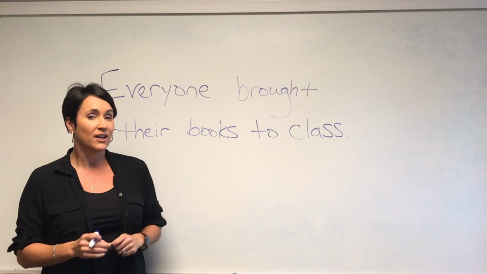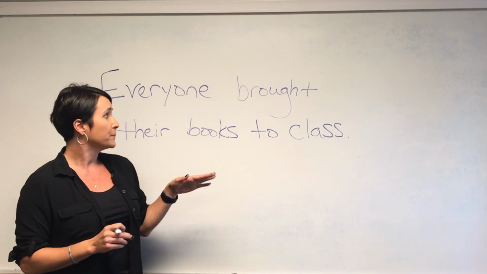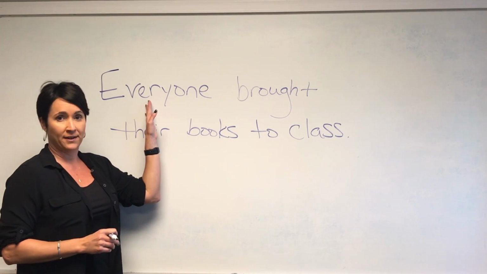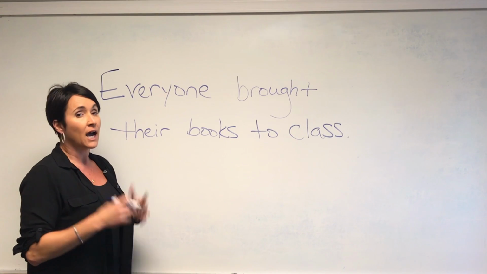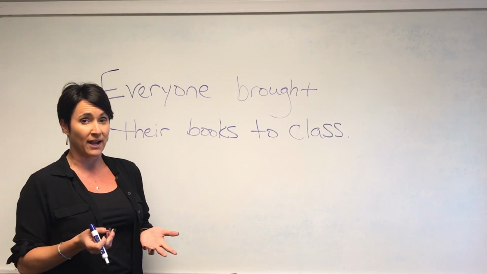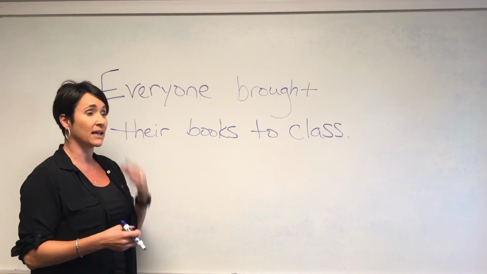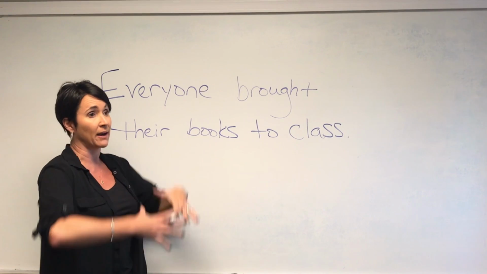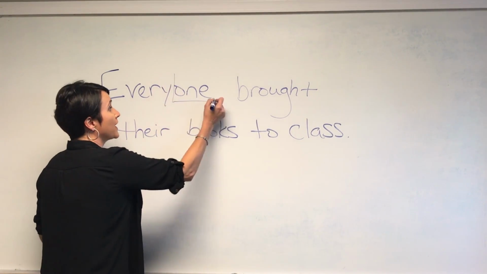Another tricky way you might see this on an English language arts test or in your writing is when we're talking about everyone as the subject. Everyone brought their books to class. Again, if I said this to you, you would not think there was anything grammatically incorrect about that sentence. However, everyone, even though it sounds like lots and lots of people when you're talking about everyone being there, is just one person.